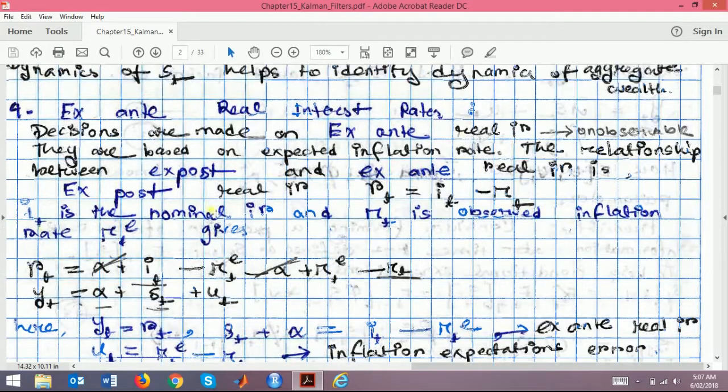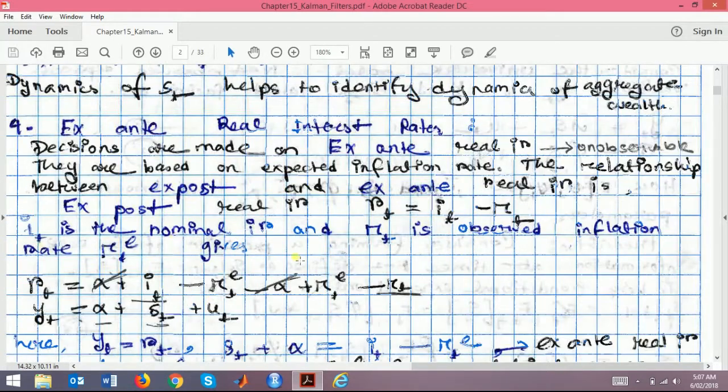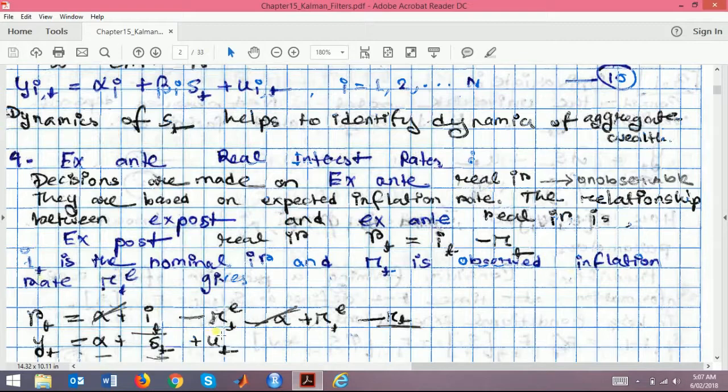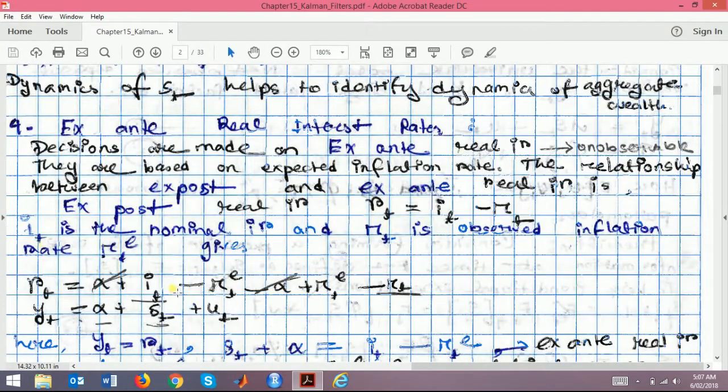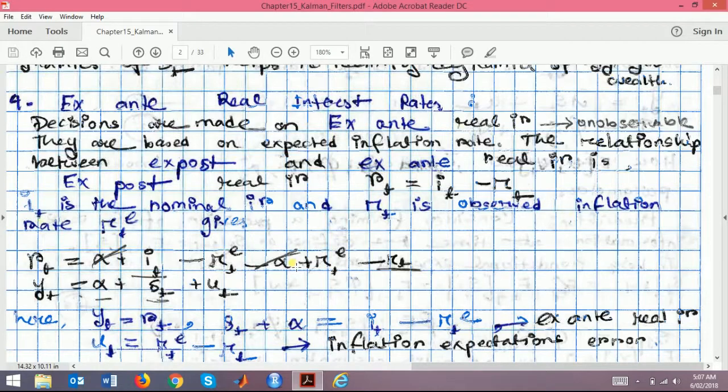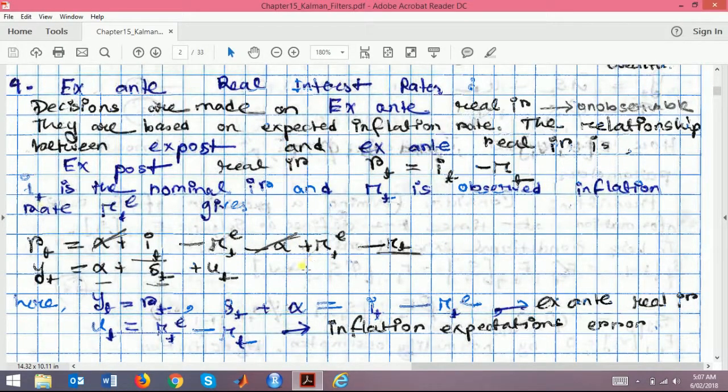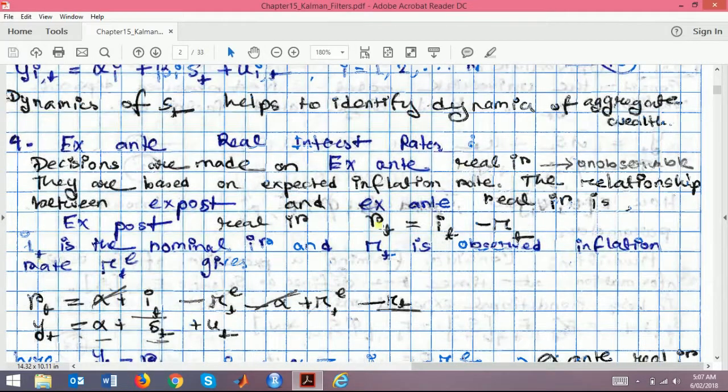So rewriting the interest rate, we have r_t = alpha plus I minus r_t, the ex ante, minus alpha plus r_t. So we are doing what? We are taking the difference between the ex ante and ex post interest rates.